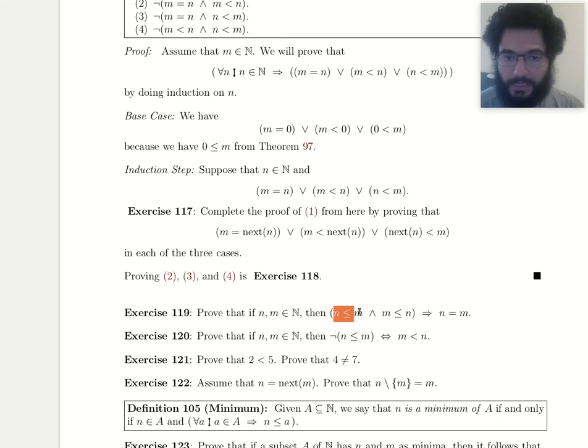It's this property that if n is less than or equal to m, and m is less than or equal to n, and they're natural numbers, then n equals m. So this is what you get instead of symmetry. For ordinary, not the curvy, weird less than or equal to, but for ordinary less than or equal to for natural numbers, you don't have symmetry. Symmetry would mean if n is less than or equal to m, then m is less than or equal to n. You don't have that. But what you have is this. This is called antisymmetry.